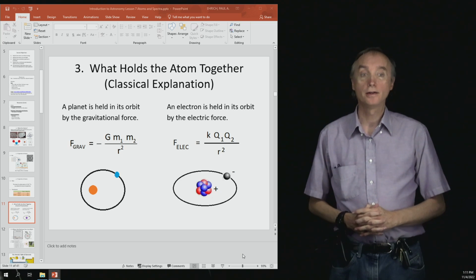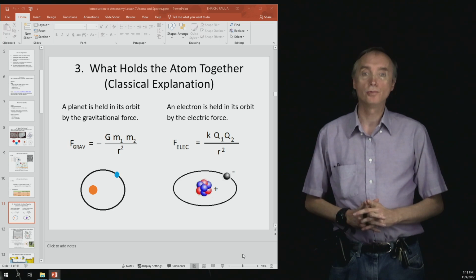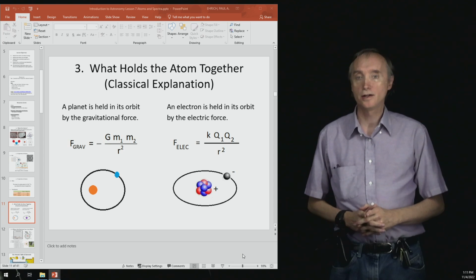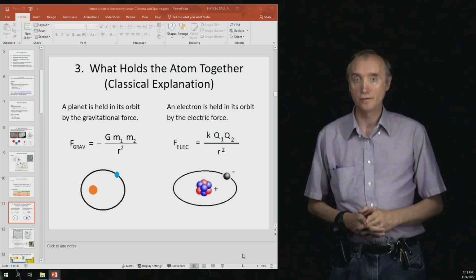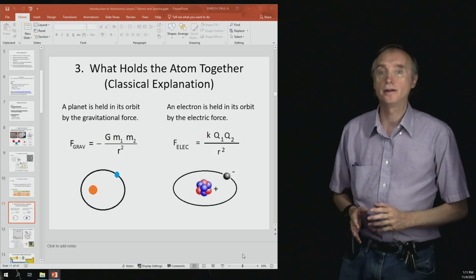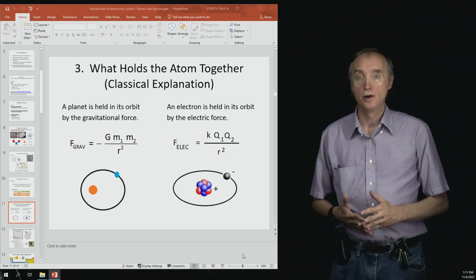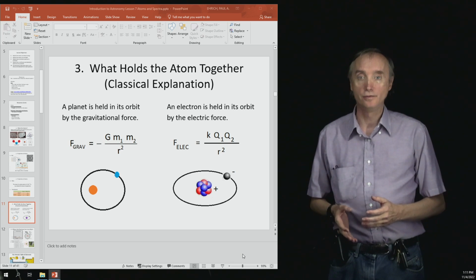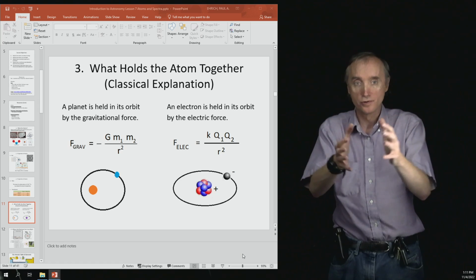Okay, I'm back, and you should now recognize what the force of gravity is. The force of gravity, which we introduced in one of our previous lessons, has a negative sign because gravity pulls things in.